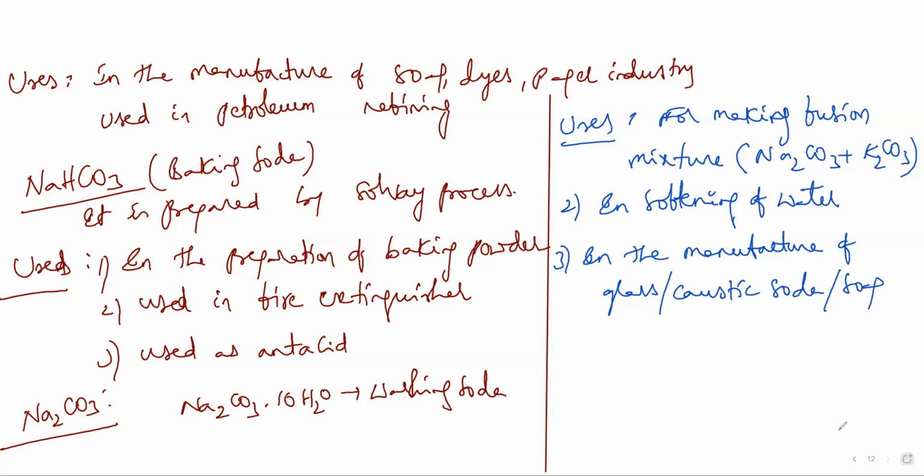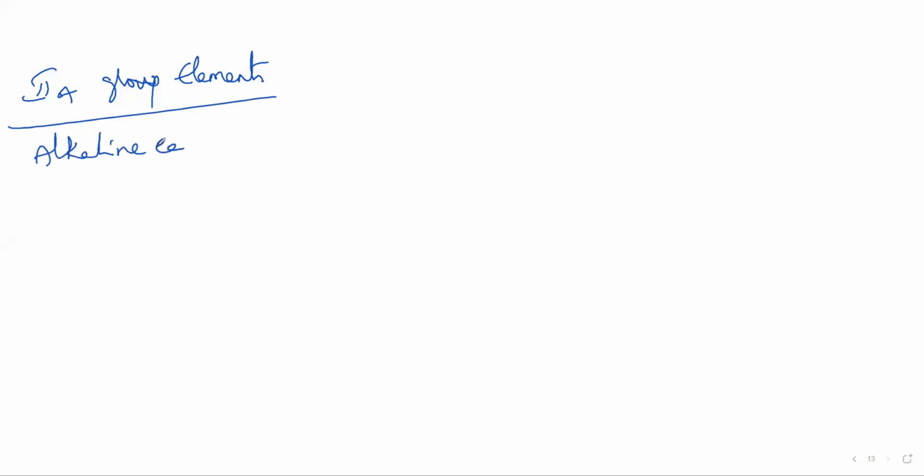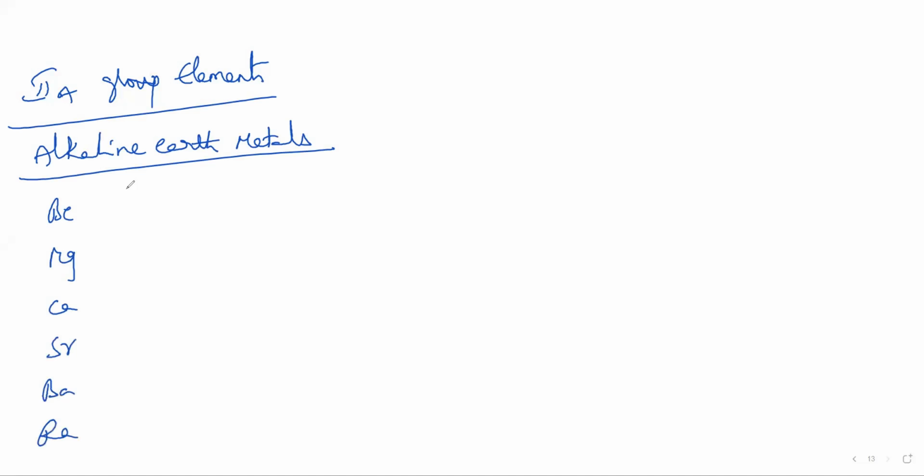Last part in this chapter, S block elements, it is second A group elements. Okay, so they are called alkaline earth metals. So let us see elements. What are the elements? Beryllium, magnesium, calcium, strontium, barium, radium.